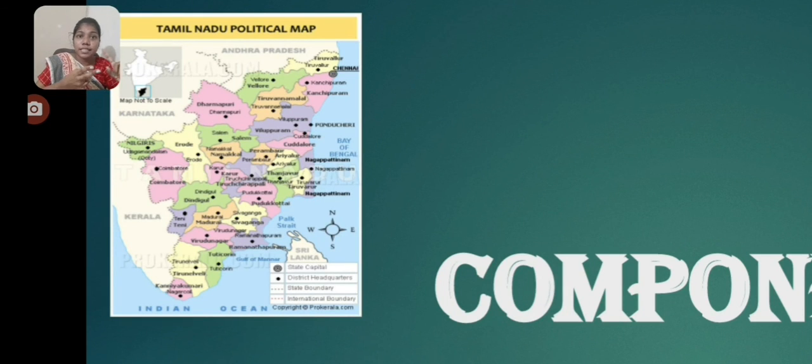There's a world map, a country map, India map, continent-based maps, Europe map. Europe is a continent. Asia map, we have a political map, we have a state map, Tamil Nadu map, and so on. So there are a lot of maps, and these are the 7 components.